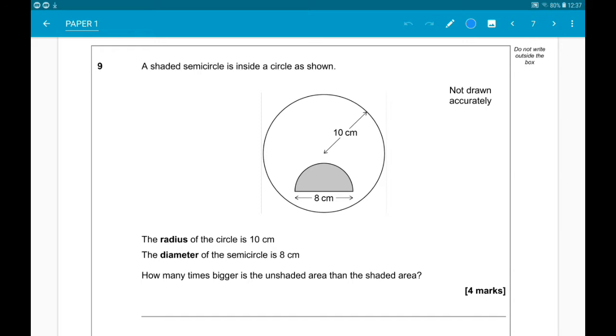So, quite a bit to do. We're going to need to work out the area of the circle. So let's do that. Area of a circle is pi times radius squared. So area of the circle is 100 pi centimeters squared.